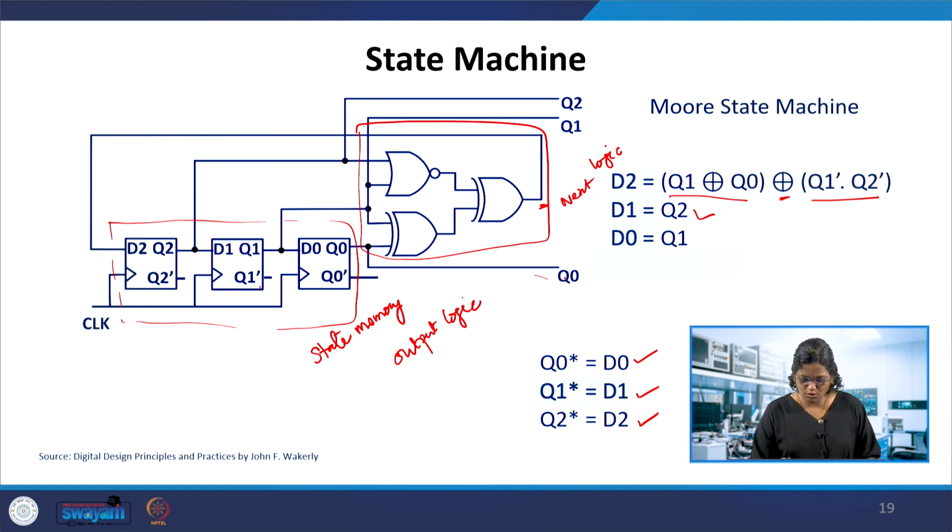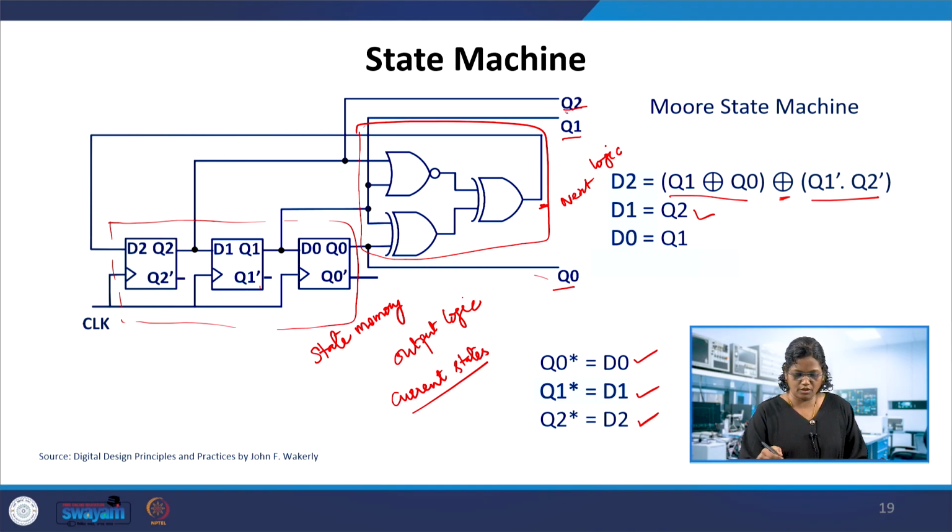Simply Q0, Q1 and Q2 are the outputs, and those are the current states. So the current states are going to give the outputs. You can see the synchronous clock going to all the flip-flops. So we have the next state logic, the state memory, and the output logic, which is only Q0, Q1 and Q2.